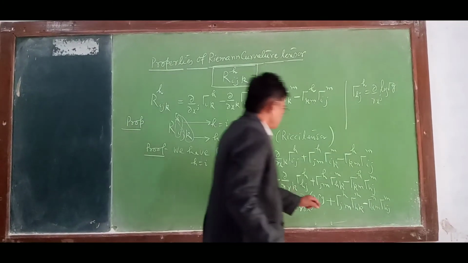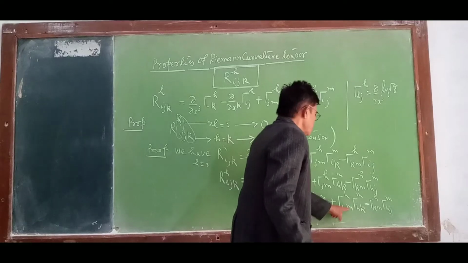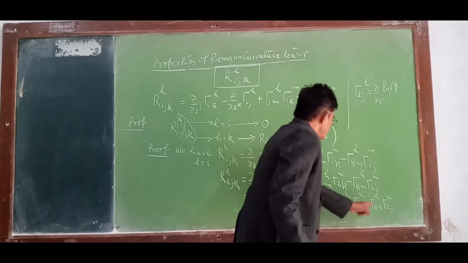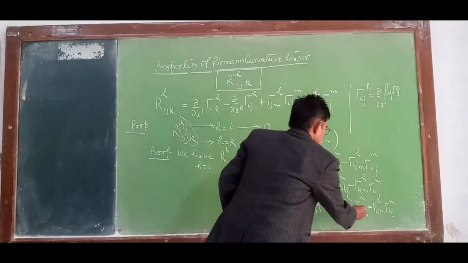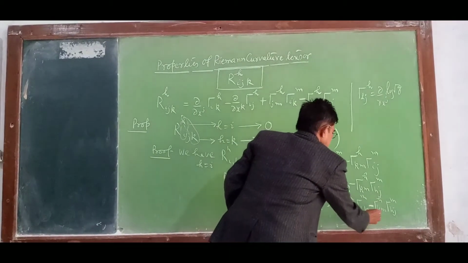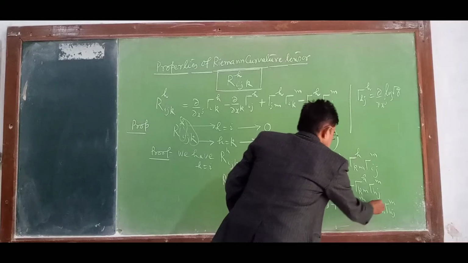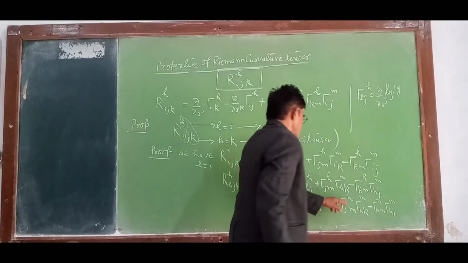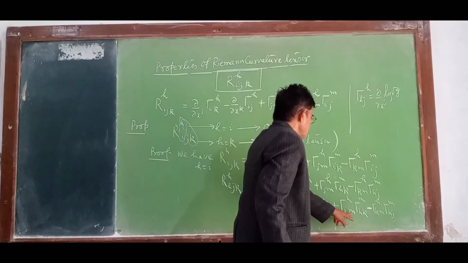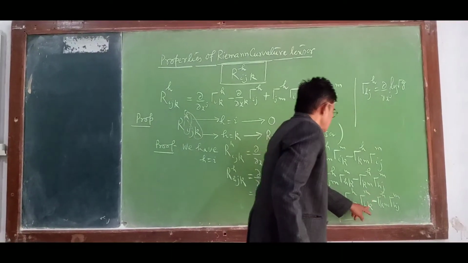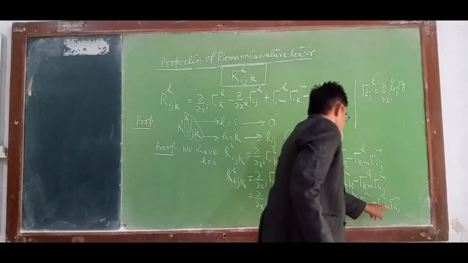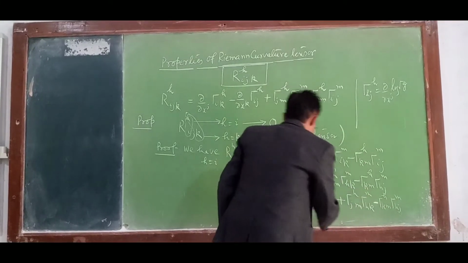And here m is dummy, so Γ^h_{jm} Γ^m_{hk} and Γ^h_{km} Γ^m_{hj}, these are the same and cancel, so this is equal to 0.